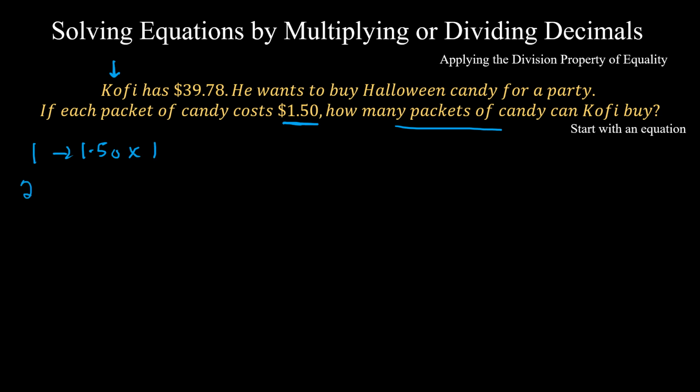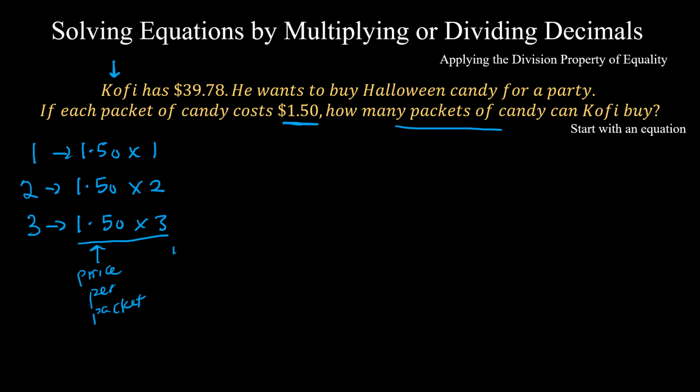If it was 2 packets, it would be $1.50 times 2, to get $3. If it was 3 packets, it would be $1.50 times 3. So you can always figure out how much money he spends by multiplying the price per packet by the number of packets.